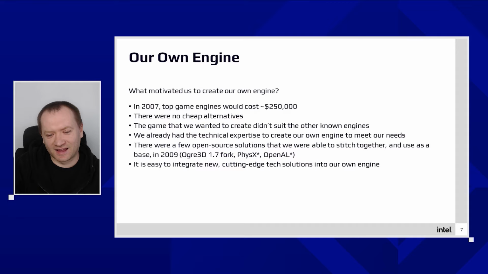So we weren't able to license a commercial engine, but we had a lot of skill and knowledge, and there were quite a few open source technologies available at that time. So we decided that we were going to stitch together a bunch of open source tech and our own expertise to build something to suit our first game.